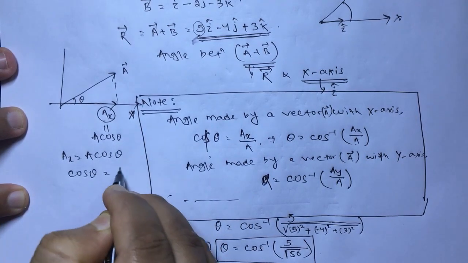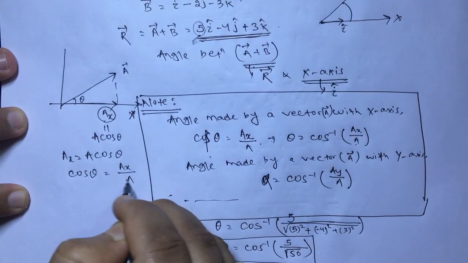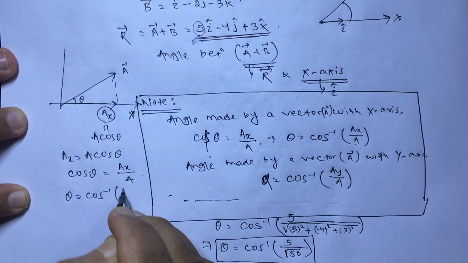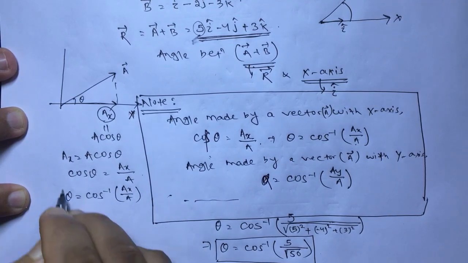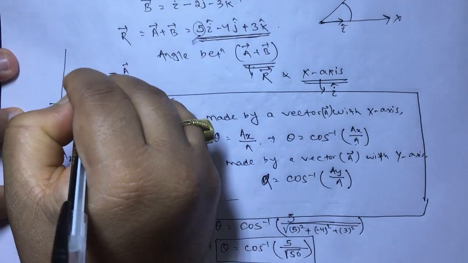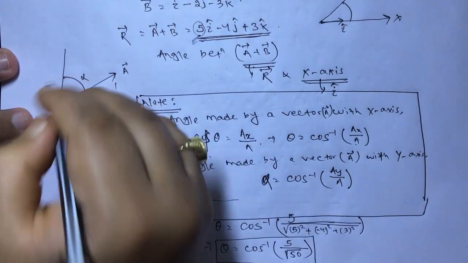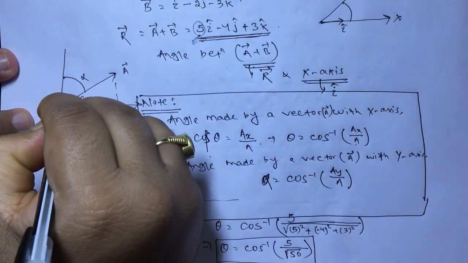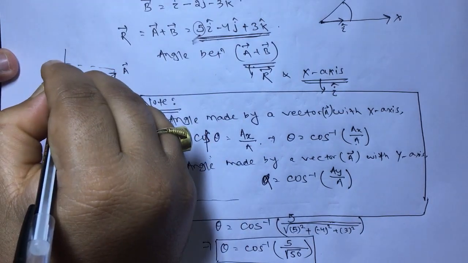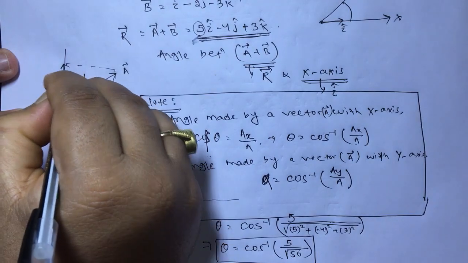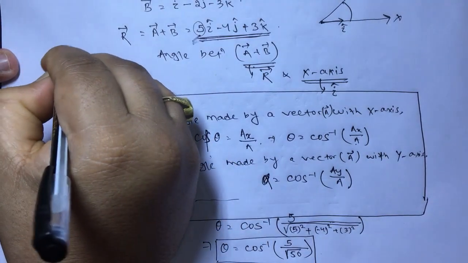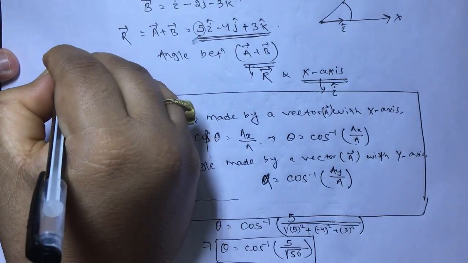So what is the value of cos theta? Cos theta will be ax by a, or theta equal to cos inverse of ax by a. Very simple. Okay. Similarly, let this angle be alpha. Now, with y axis, if this angle is alpha, then this value will be a cos alpha.